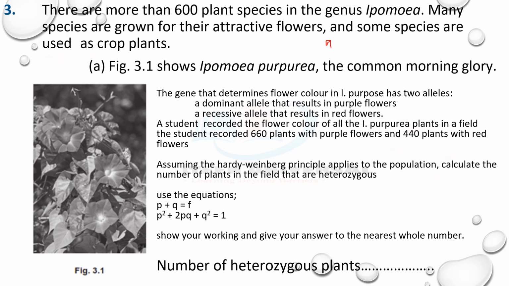So q squared, get your calculator, is equal to, of course we are solving probability, the total number of recessive plants, which is 440, all over the total number. The total number is what? 660 plus 440, that's 1,100.